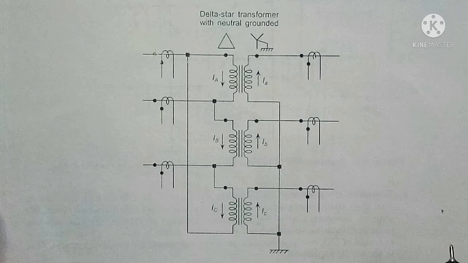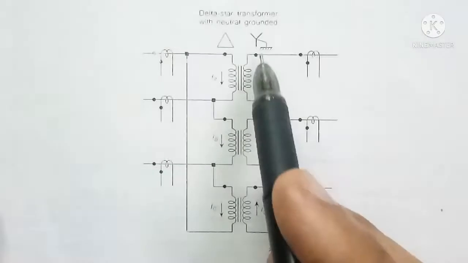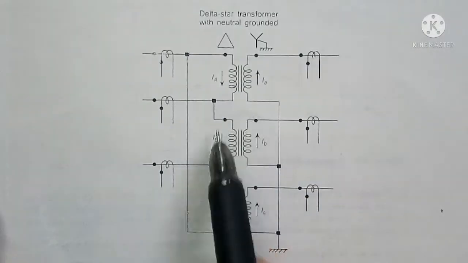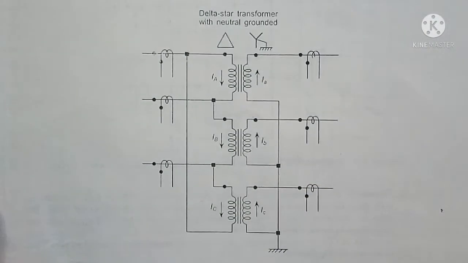That is, on primary side, dots are shown at those terminals through which the current flows into the phase windings, and on the secondary side, dots are placed at those terminals through which current flows out of the phase windings. Such dots you can see for all the three phase windings.